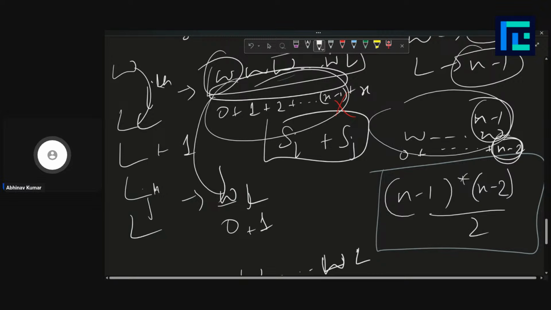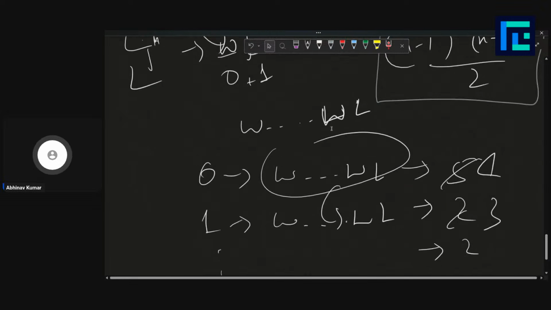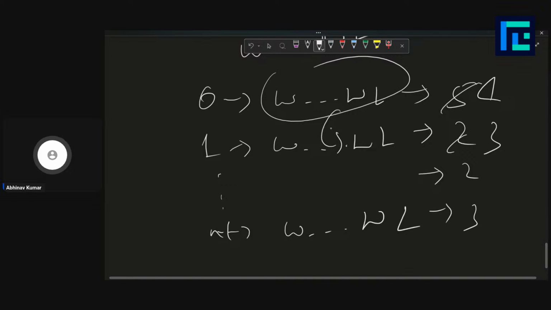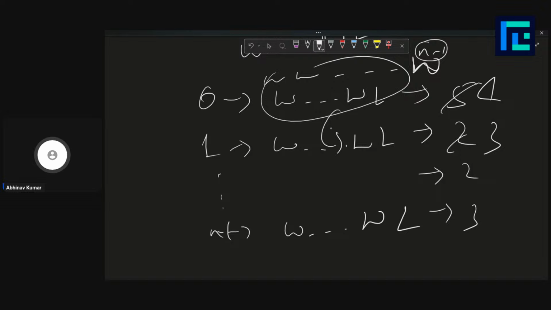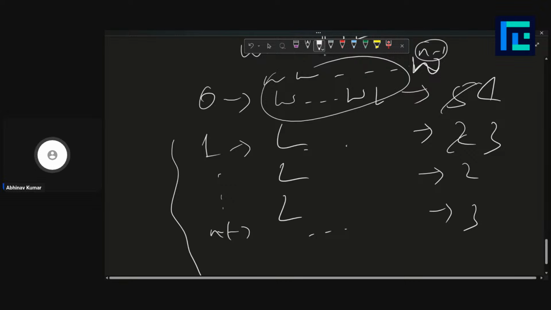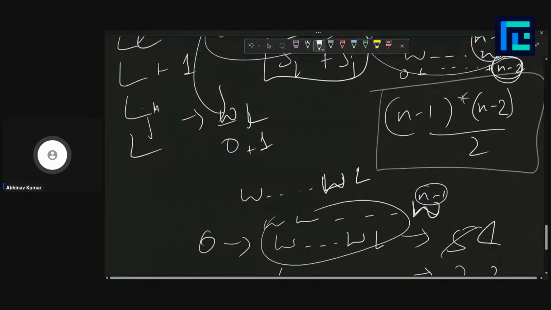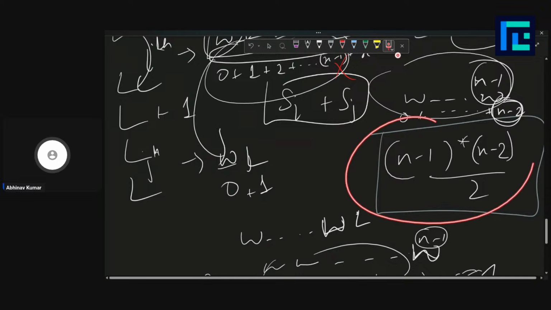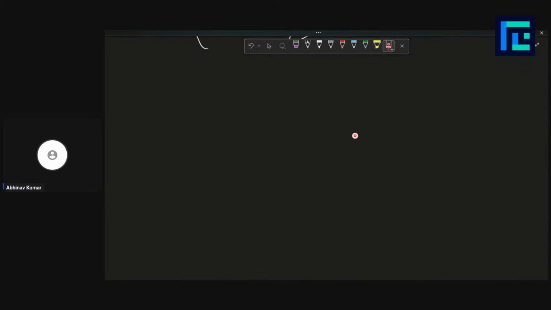So you can greedily recognize that the maximum value you would get is if you assign any one person all the n minus 1 wins, and for the rest of the n minus 1 people, they are assigned just one loss. In this way, we can get this maximum value. I hope it is quite clear how we are getting this maximum value.